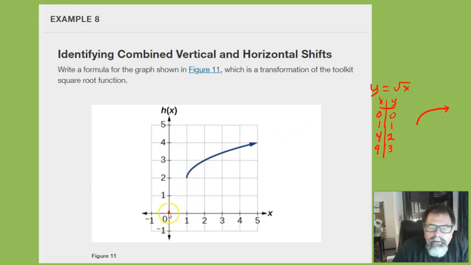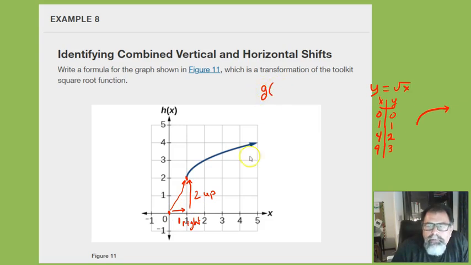So this is going to start here, and we're shifting 1 unit right and 2 units up. If you remember, to do a horizontal shift, if we want to do +1, we have to write -1.